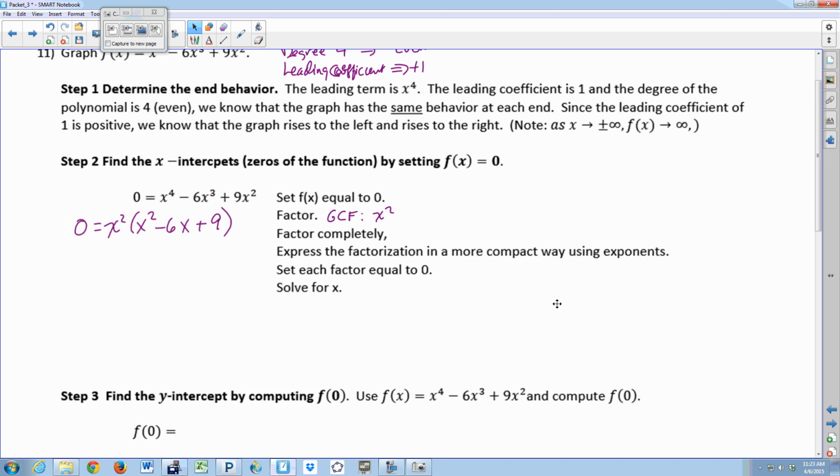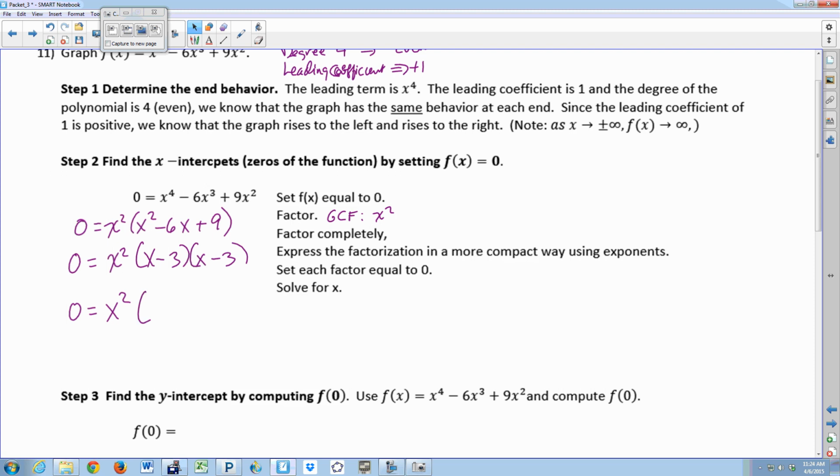Okay, now I have to see if my second factor here can be factored. Can I factor x squared minus 6x plus 9? X minus 3. And can I write this more compactly other than (x minus 3)(x minus 3)?